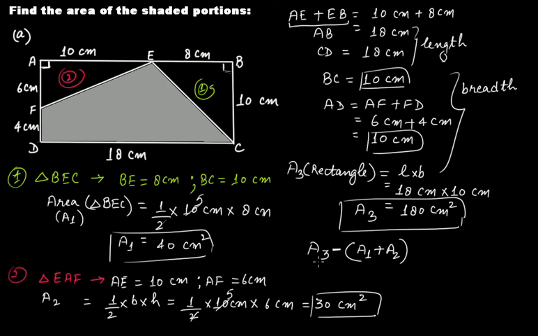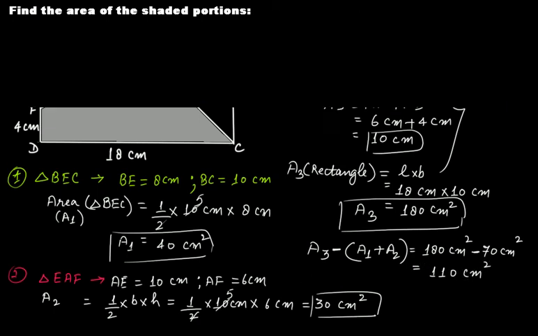That's what we have to do. So A3 is 180 centimeter square minus A1 plus A2. A1 is 40 centimeter square, A2 is 30 centimeter square. This comes as 70 centimeter square, and if you subtract this, you get 110 centimeter square.